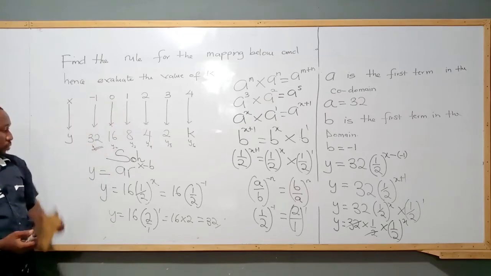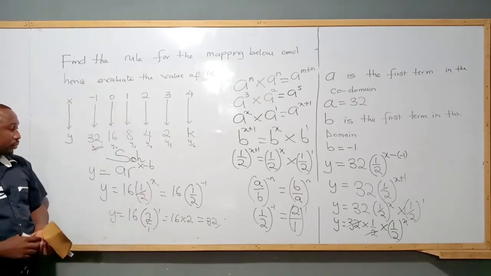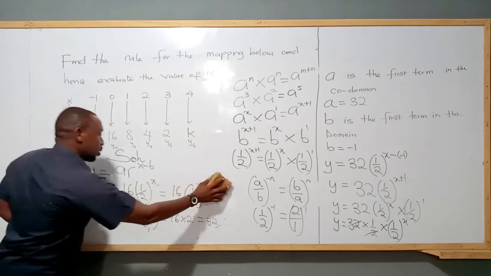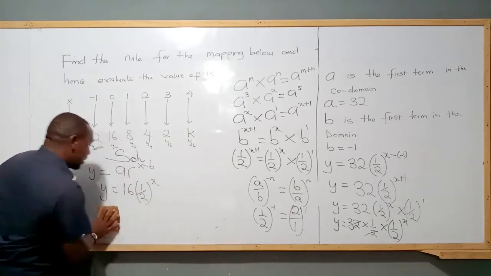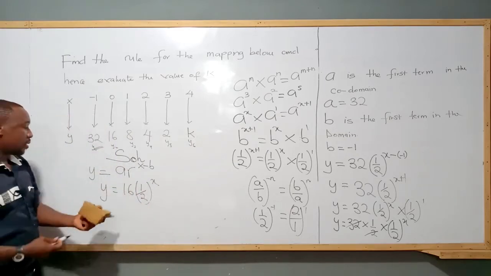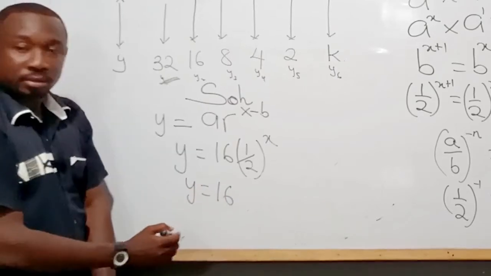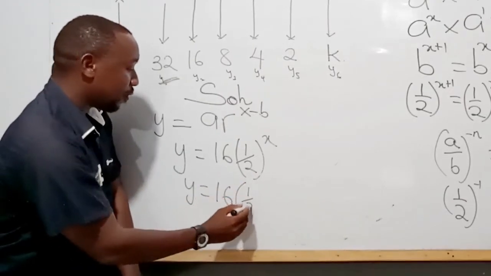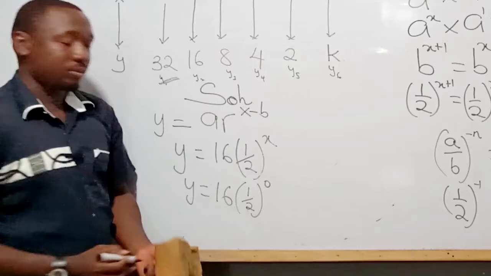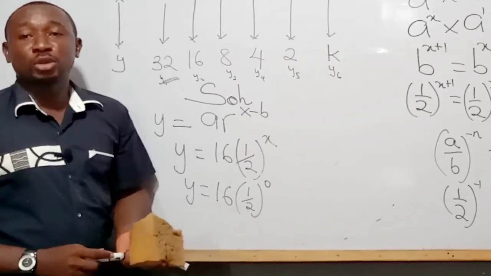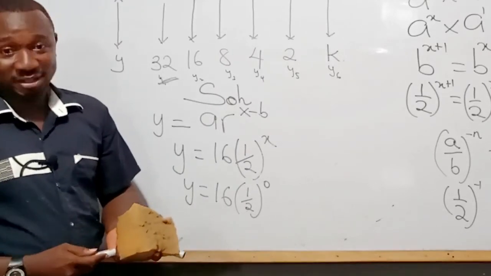Let's try 0 in here. If you try 0, y is equal to 16 half all to the power 0. We know that any number raised to the power 0 is 1.